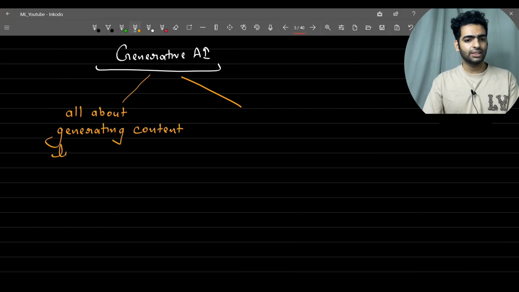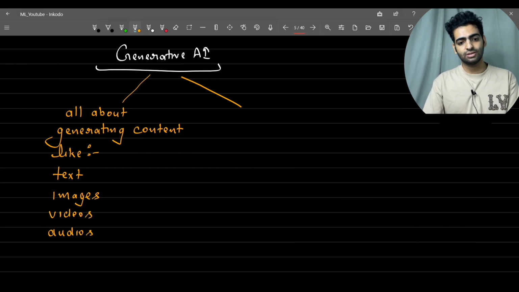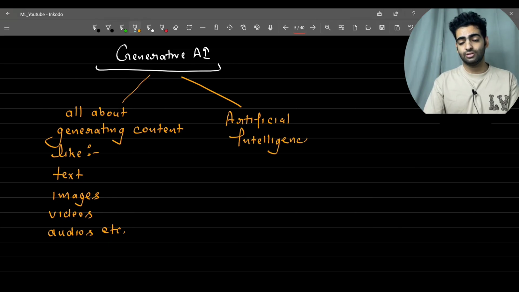It could be some text, images, videos, audio, or stories, and things like that. And to do that, you have to use some artificial intelligence algorithms. That's what Gen AI is.